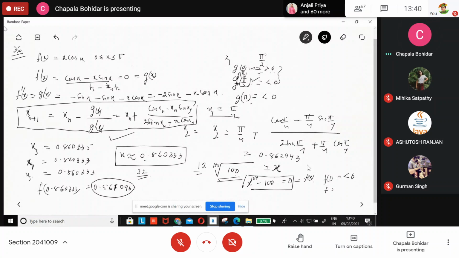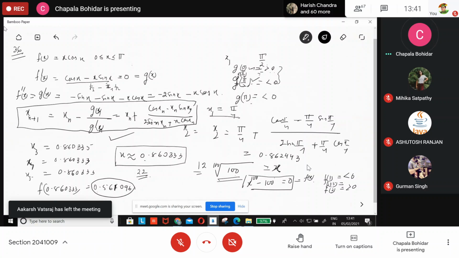F of 2, check it. 2 to the power 100 minus 100. It is positive. It must be positive. F of 1.5 is also positive, I think.